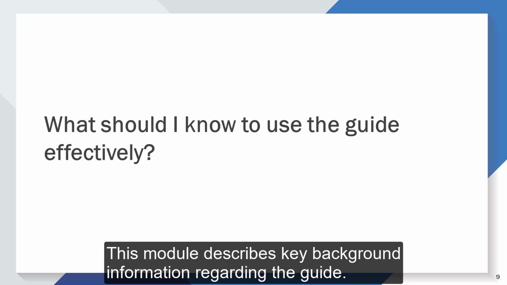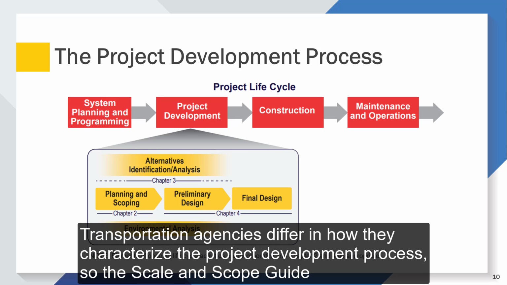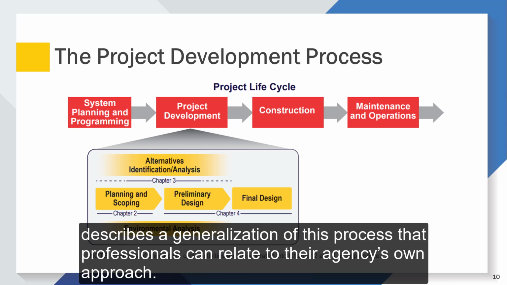This module describes key background information regarding the guide. This figure illustrates the project development process within the broader context of the project life cycle. Transportation agencies differ in how they characterize the project development process, so the Scale and Scope Guide describes a generalization of this process that professionals can relate to their agency's own approach.